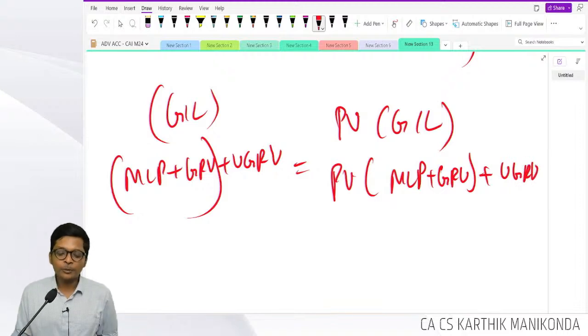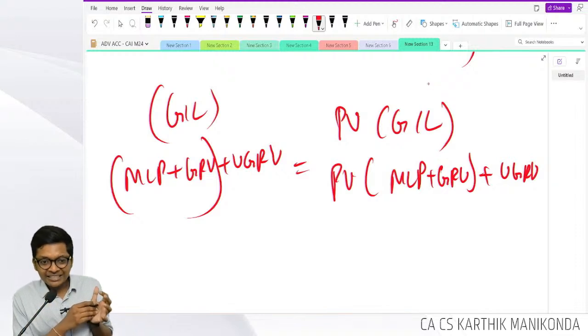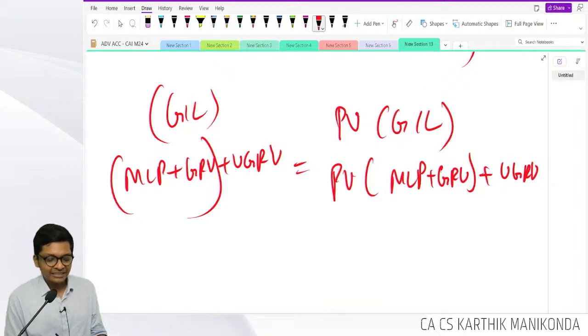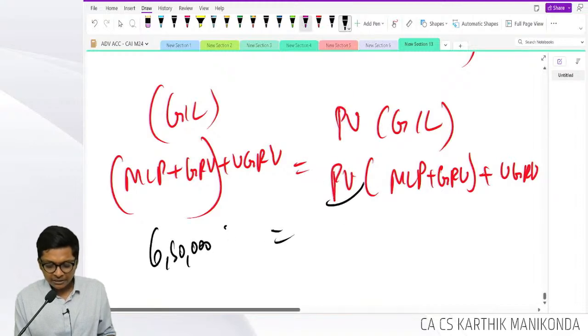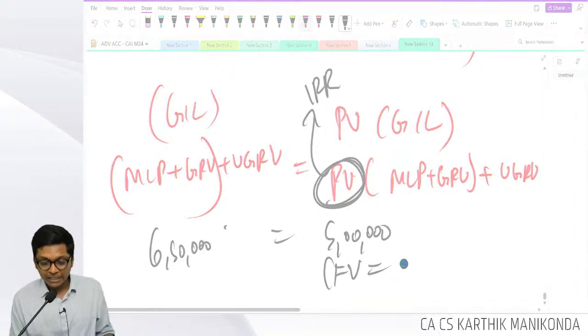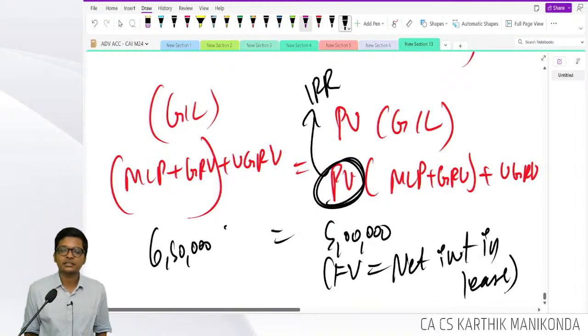Assuming the present value comes out to be how much? The left hand side, GIL, is 6 lakh 50,000. The present value of this, if discounted at IRR, you will get 5 lakhs, which is nothing but fair value equal to net investment in lease.